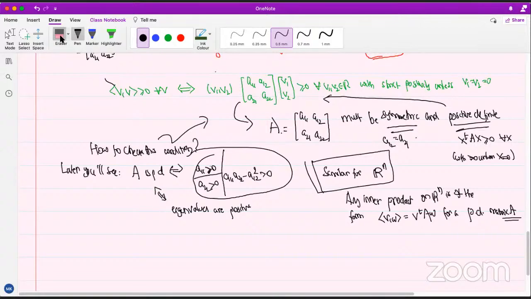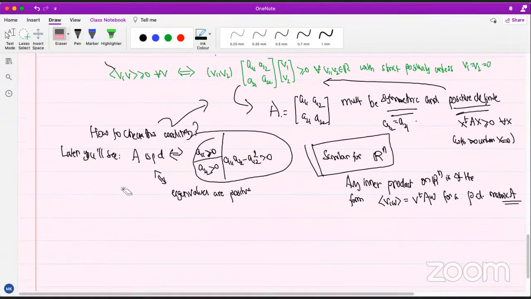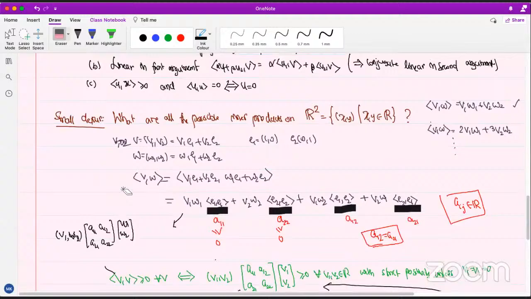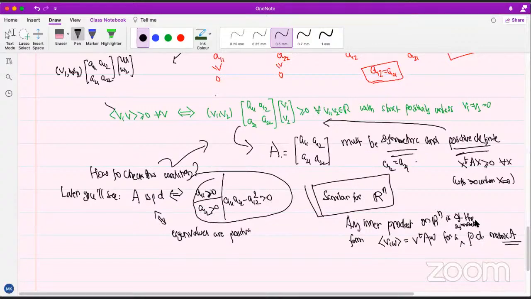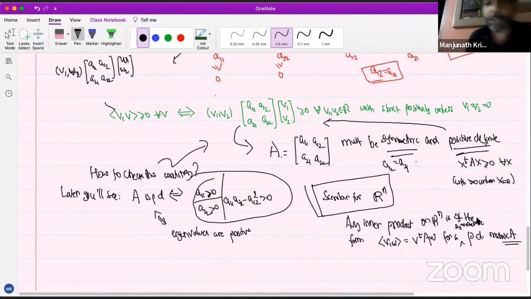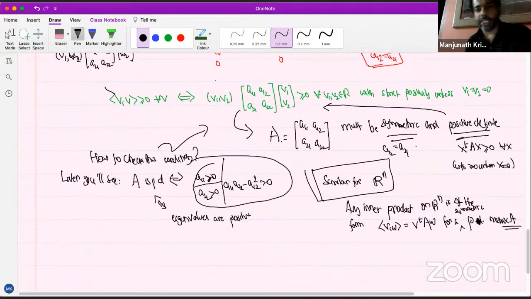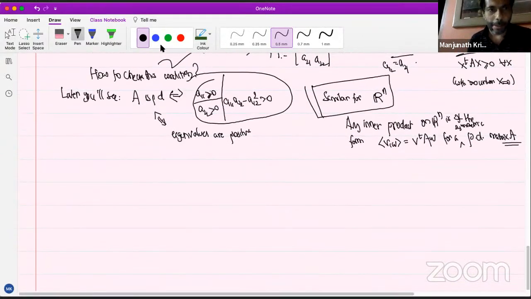Sir, for an inner product, is positive definiteness enough, or is symmetry also needed? Symmetric and positive definite, yes. If it is not symmetric, you can always reduce it to symmetric. That is the more correct statement, but let me leave it at that.